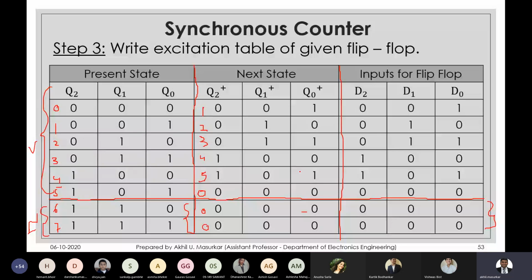So once you are done with this, just write the correct answers in the chat box. I am looking for the answers for D2, D1 and D0.